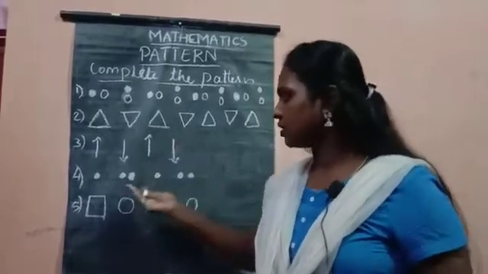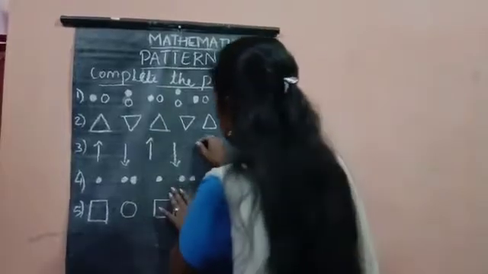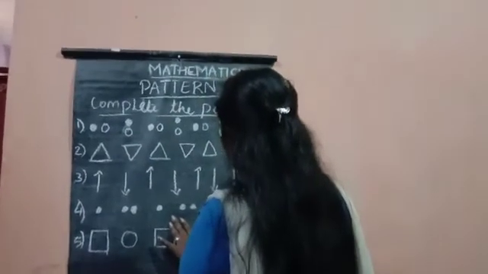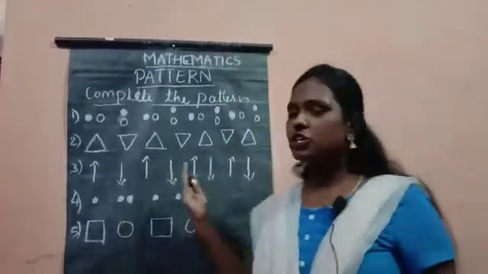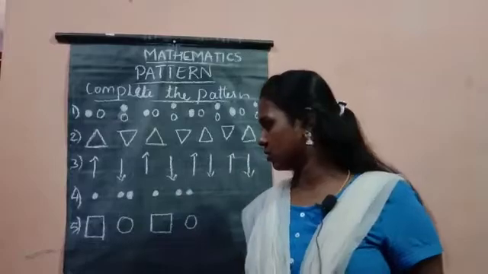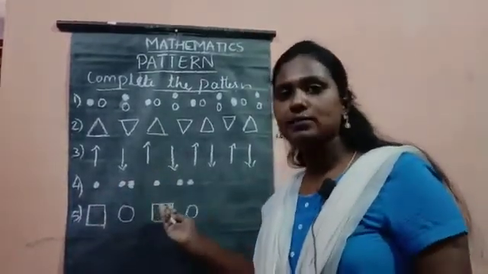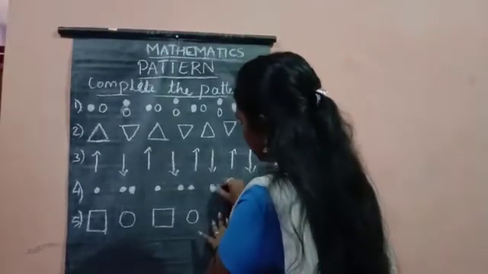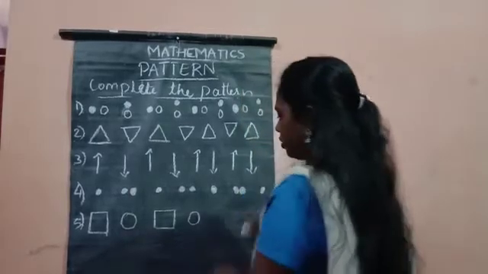And in the third one, arrow, reverse arrow, and here arrow and backward arrow and reverse arrow. This is the formation sequence of a pattern, and here you have 1 dot and 2 dots, again 1, again 2. So here you have to write 1 dot, again here 2 dots, again 1 dot.